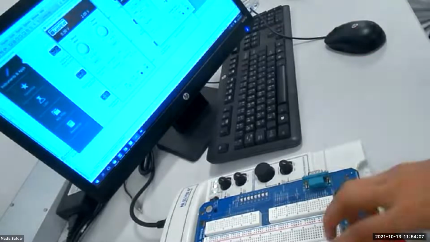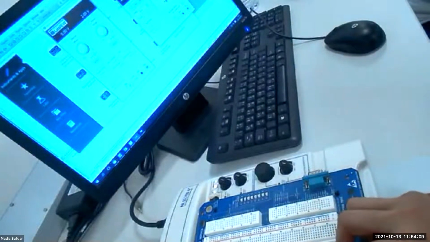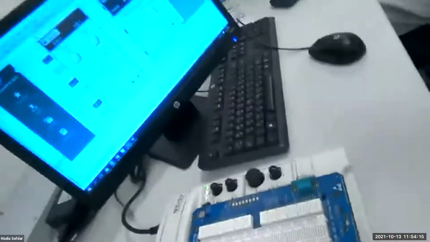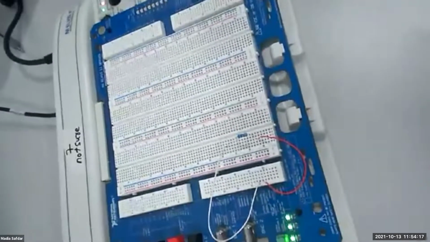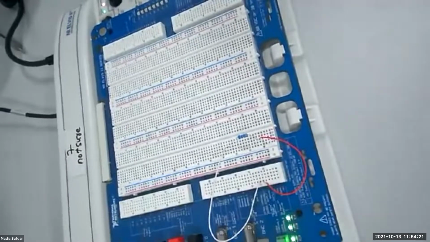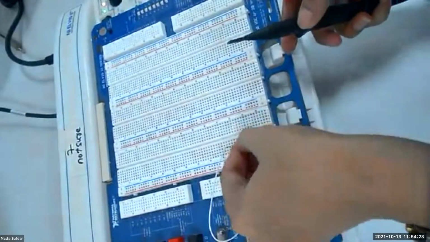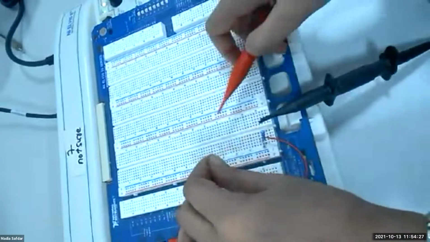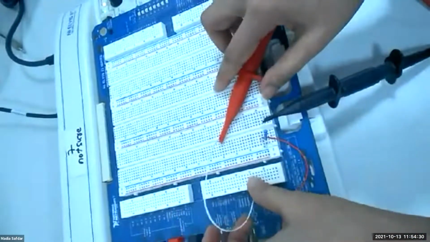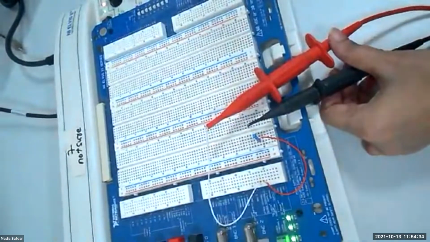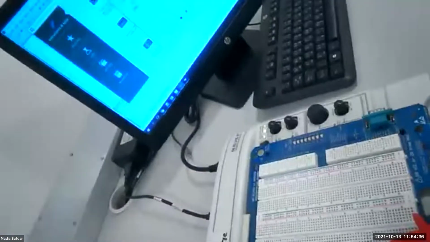Now I want to measure the current. So I will put this resistor in series. I will connect this in series. Please see it.